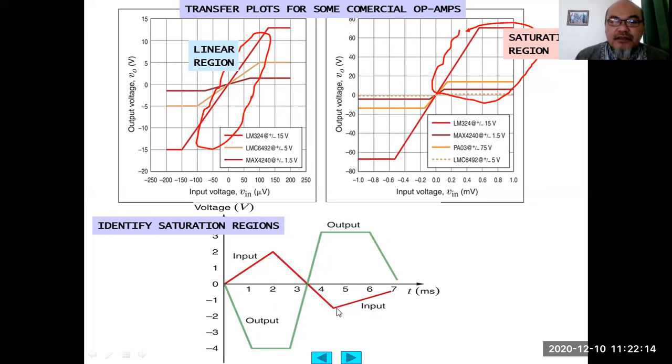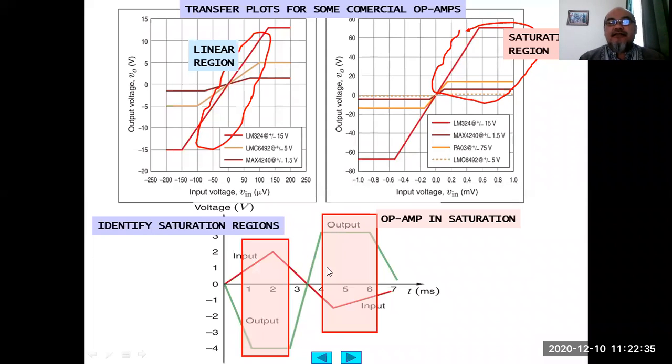When the input is below negative 1, the output saturates also, at 3 volts. Then after it goes above minus 1 volt, the output starts to respond again. So this is the op-amp in saturation.